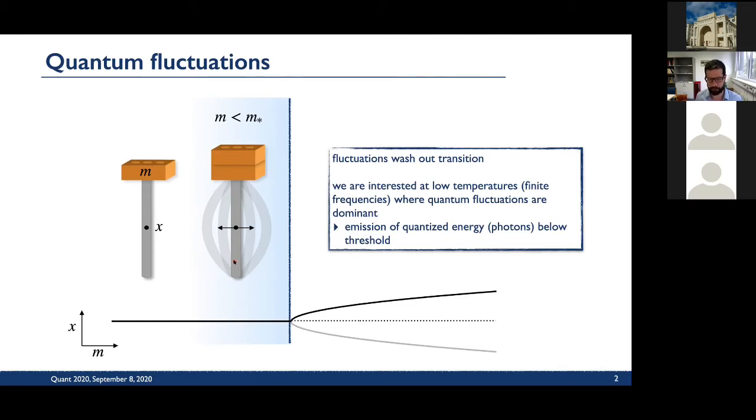You have an oscillator, and this physics actually happens in the slow variable in the rotating frame. And then for quantum mechanics, we look at low temperature. Quantum mechanics leads to the fact that the system already experiences this bifurcation threshold before you actually hit the classical value of bifurcation. We're interested in what kind of photons, these quanta of excitations, are produced below the threshold.